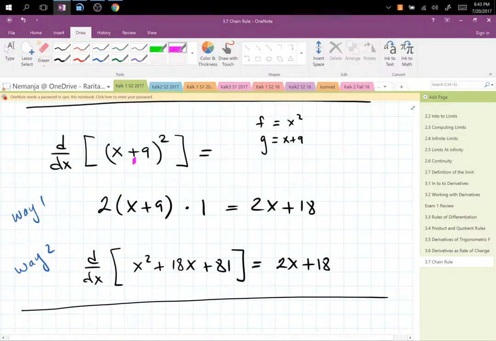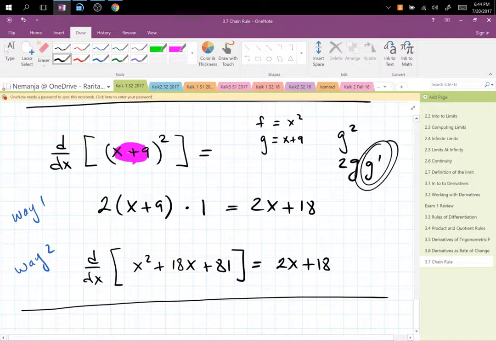So you say, guys, this is x squared. That's why I called it g squared, because x plus 9 is g. So what's the derivative of x squared? It's 2x. What's the derivative of g squared? It's 2g times g prime. That's the chain rule, it introduces times g prime.